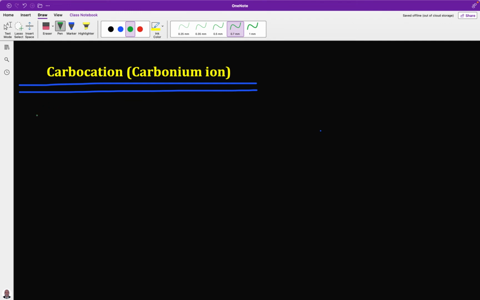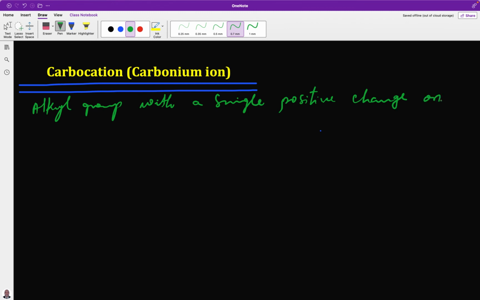I say it is an alkyl group with a single positive charge on one of its carbon atoms.